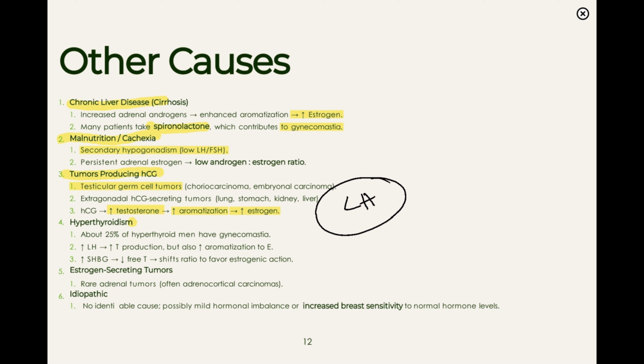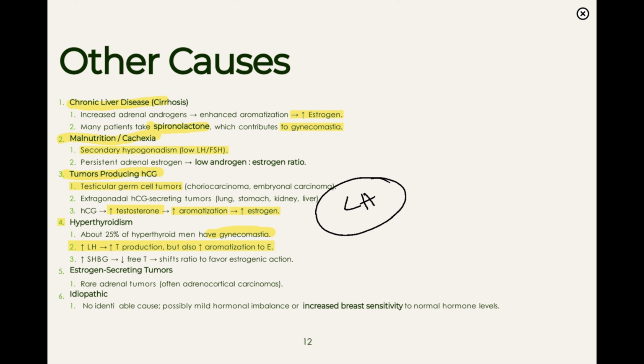Well, how about hypothyroidism? With hypothyroidism, about 25% of hypothyroid patients can also present with gynecomastia, and it's important to be on the lookout for this in some patients. The reason for this is that there's increased LH and increased testosterone production, peripheral aromatization, and an increase in estrogen, as we had described earlier.